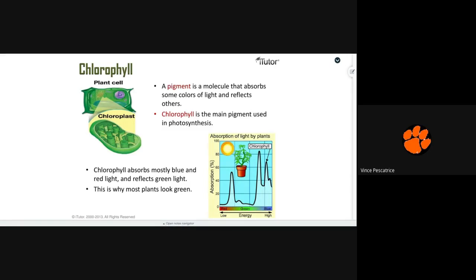So if you're wearing a red shirt, the particles in the dye of that shirt are absorbing all the other rays of light except red. It then reflects that red out to whoever's viewing it, and that makes your shirt red.